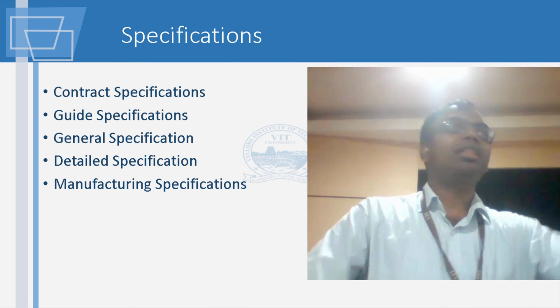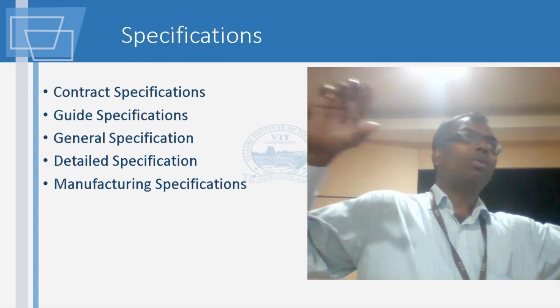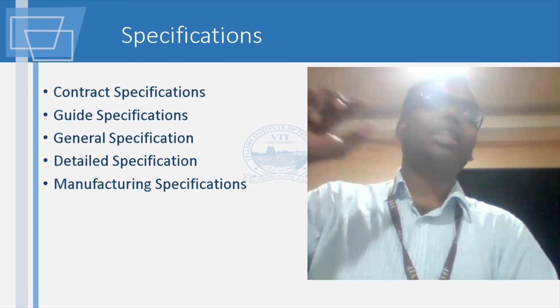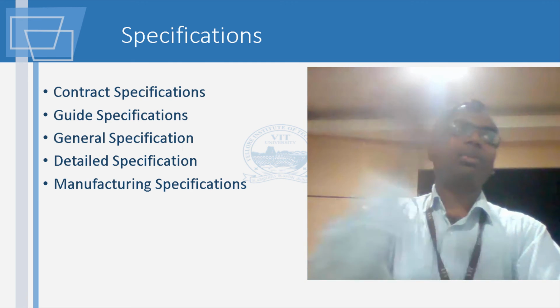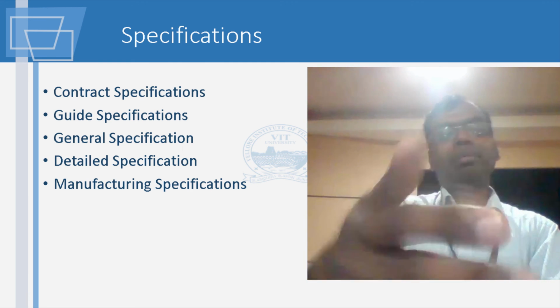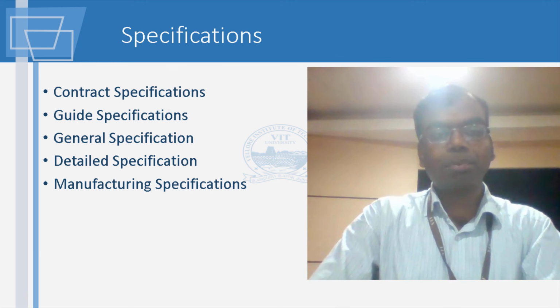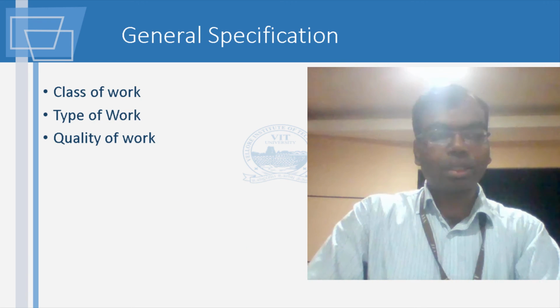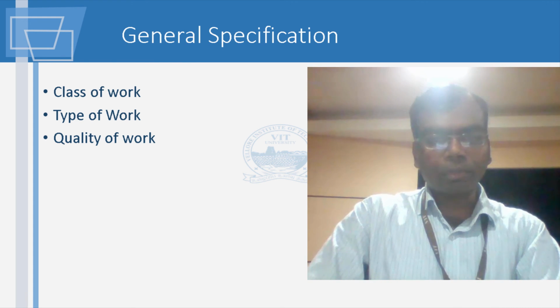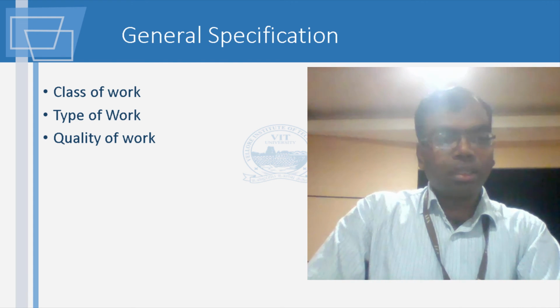And manufacturing specification means, if you are manufacturing a beam, what welding technique has to be used, what electrode you have to use, how many passes you have to have. It may not directly affect civil engineers, but that is also part of the contract. So I'm not going too much into the details of this.